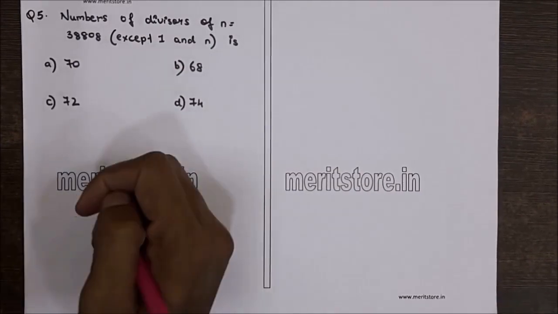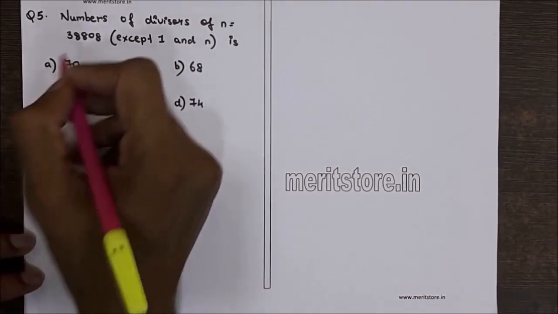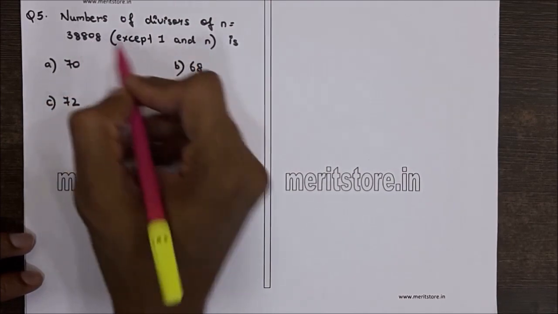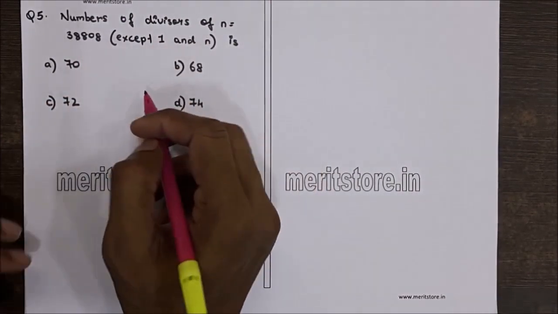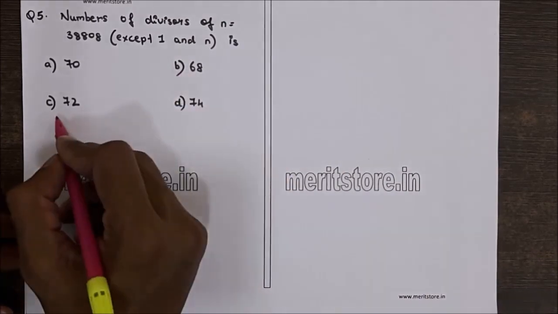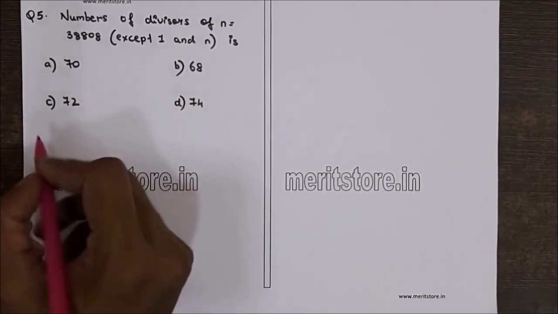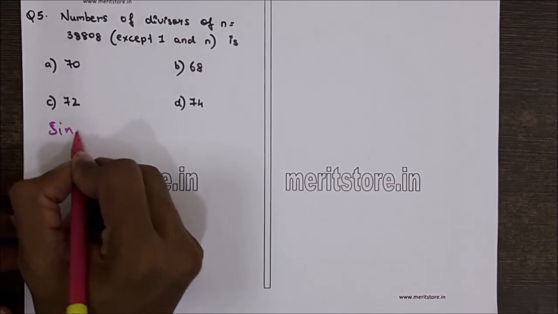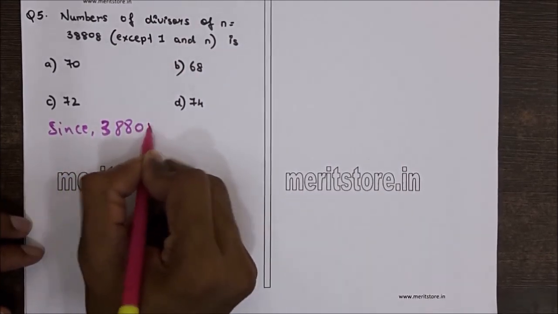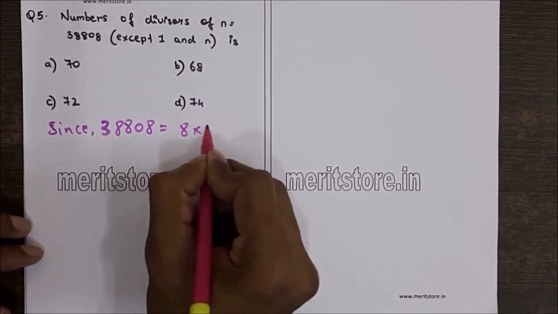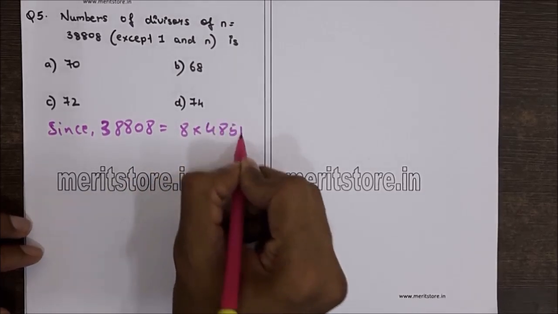Question 5. Number of divisors of n is equal to 38808 except 1 and n is. We have four options: A 70, B 68, C 72 and D 74. Since we have 38808, which can be written as 8 into 4851.